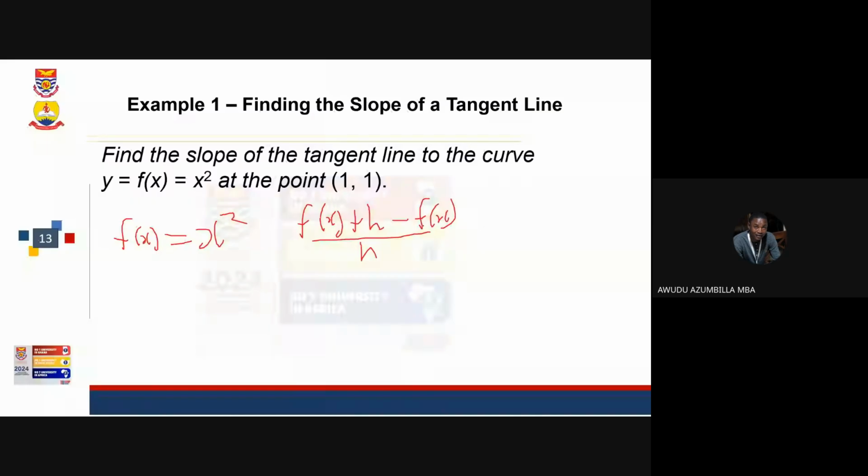Now, if you use a different method, if I want to use the normal differentiation to differentiate this, those of you who know about differentiation, before we even get to differentiation, who can help me? When you differentiate x squared, what do you get? Those who know differentiation.